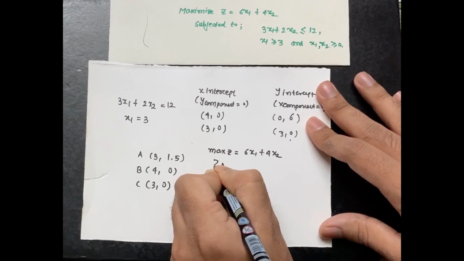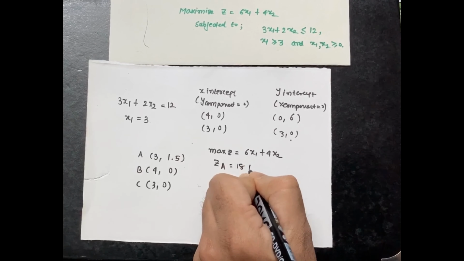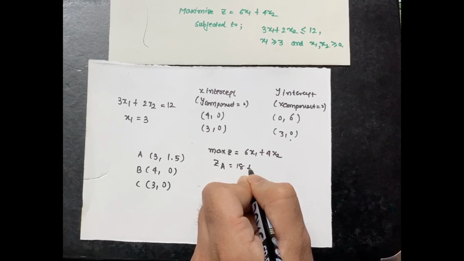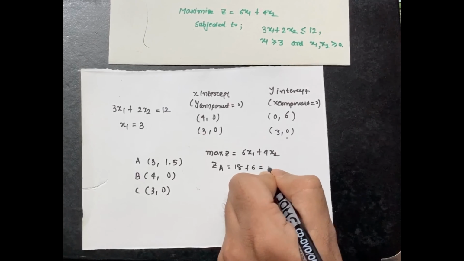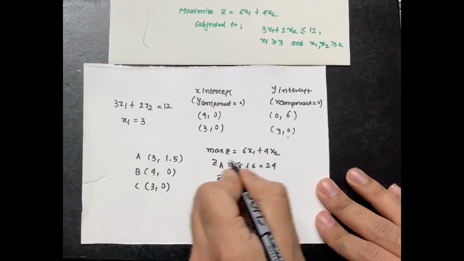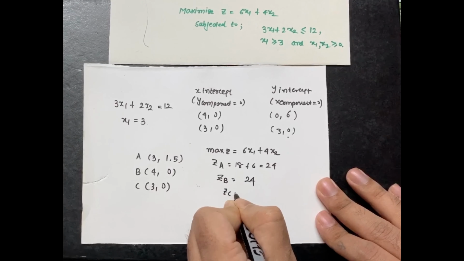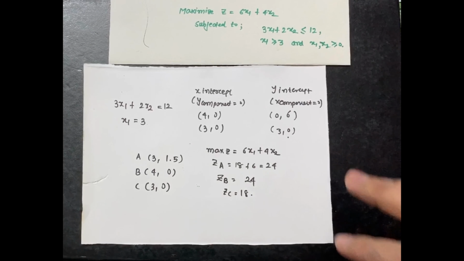So the value of za is 6 into 3, that is 18, plus 4 into 1.5, that gives me 6, so total is 24. What is the value of zb? It is 24 again, and c is 18.